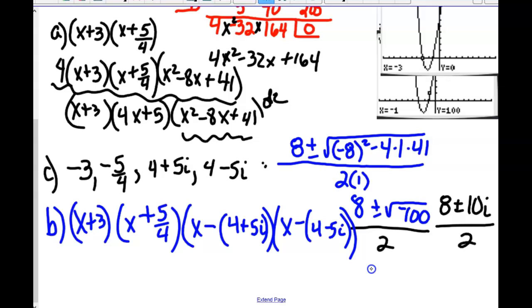Does anyone know why? It's a leading coefficient issue. What is the leading coefficient supposed to be at the beginning of this problem? A 4. Yes, we can either throw a 4 out in front, not an x, because that would make it degree 5. We can either throw the 4 out in front, or we could have written this one as 4x plus 5.